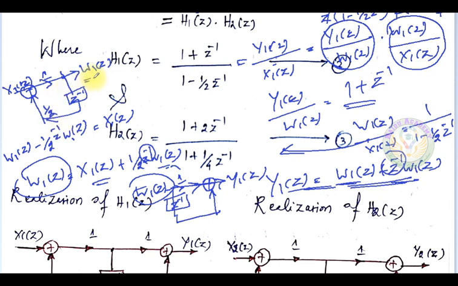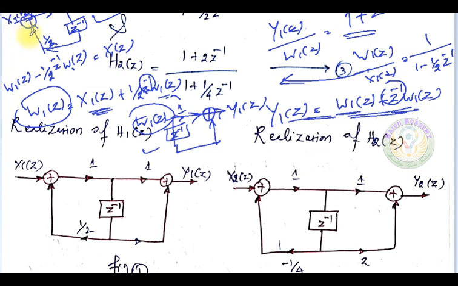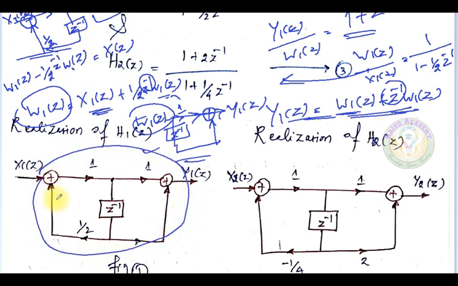That will be equal to w1 of z, the summation of x1 of z plus 1 by 2 z power minus 1 w1 of z. So if you combine these two blocks, this block and this block, you will get the direct form 2 realization. These two block diagrams are combined. So you got the direct form 2 realization of h1 of z.